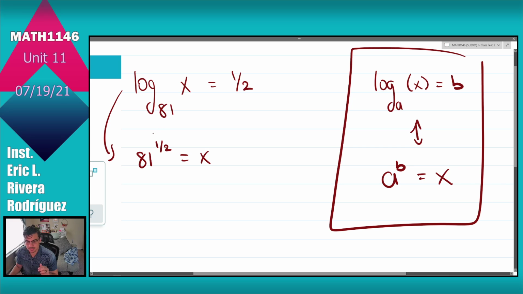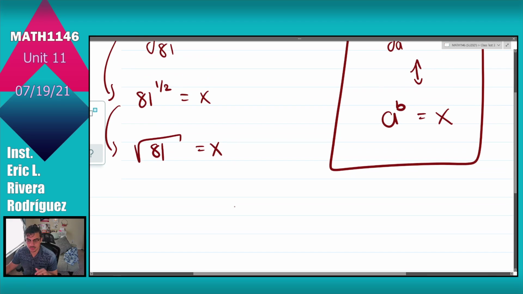When we have an exponent of 1/2, what is the meaning of that? Do we know how to solve that? When we have a rational exponent, we can turn that into a radical. So any number raised to the power of 1/2 means the square root of that number.